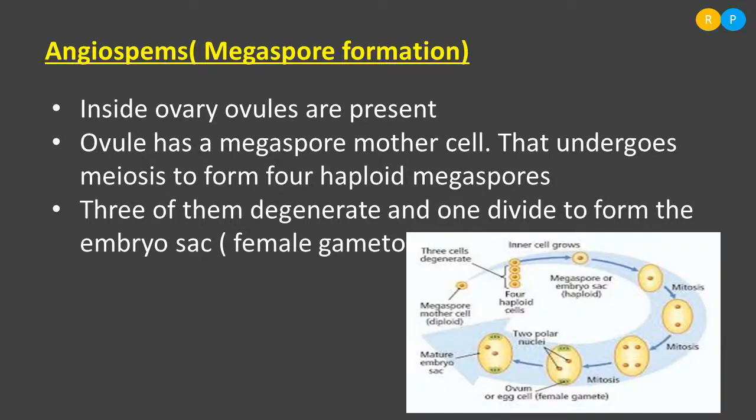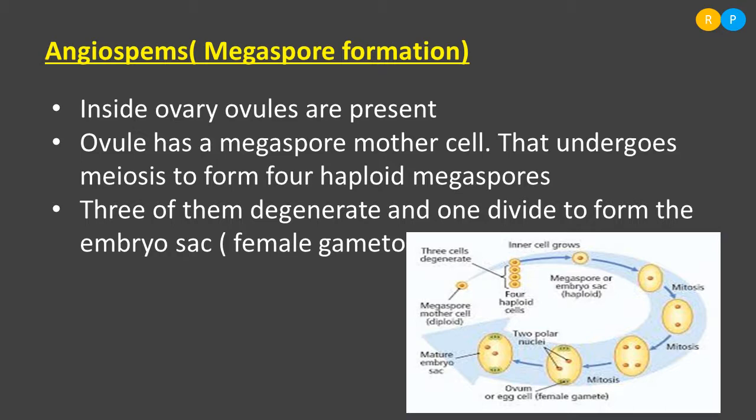Let us have a look at these developments that take place in the ovule. This is the schematic showing the formation of the matured embryo sac within the ovule. The development starts with the megaspore mother cell that you can notice in the schematic. The megaspore mother cell is actually a diploid cell, right? That diploid cell divides by meiosis to form 4 haploid megaspores. Do all the haploid megaspores remain in the ovule? No, right?